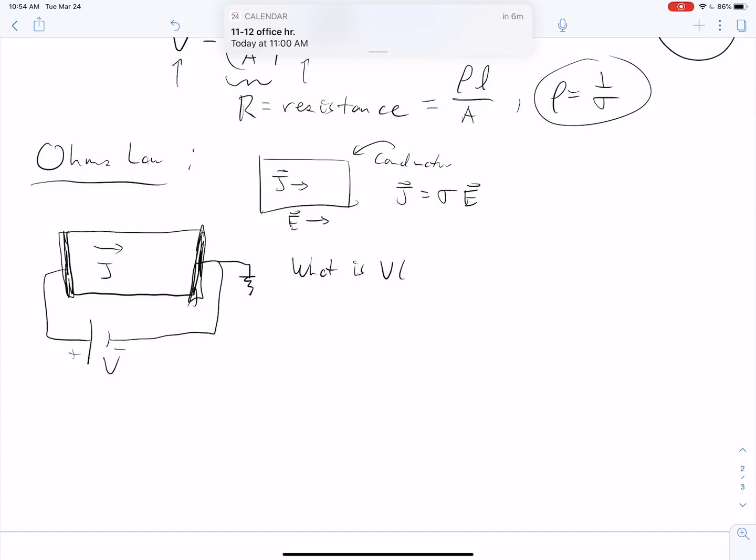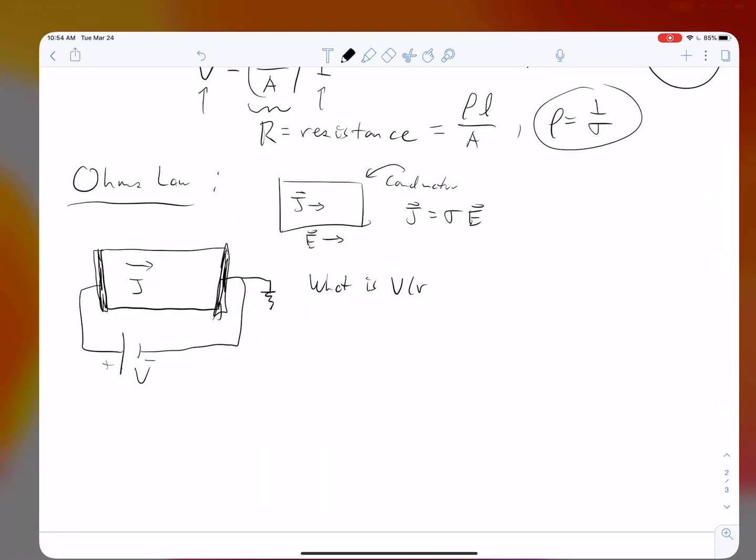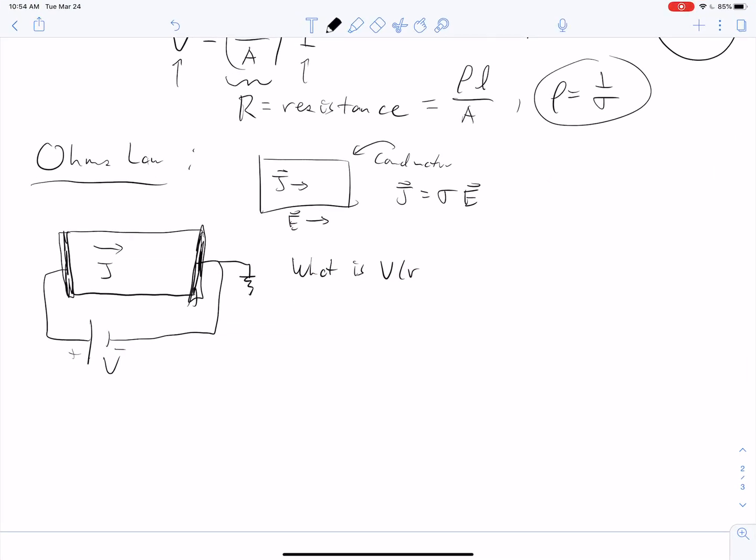I could start asking you questions. I could start saying, what is the potential? What is the electrostatic potential phi in this conductor?